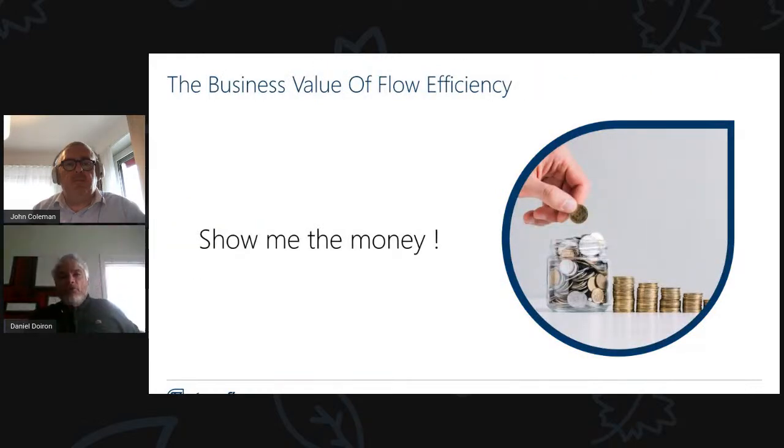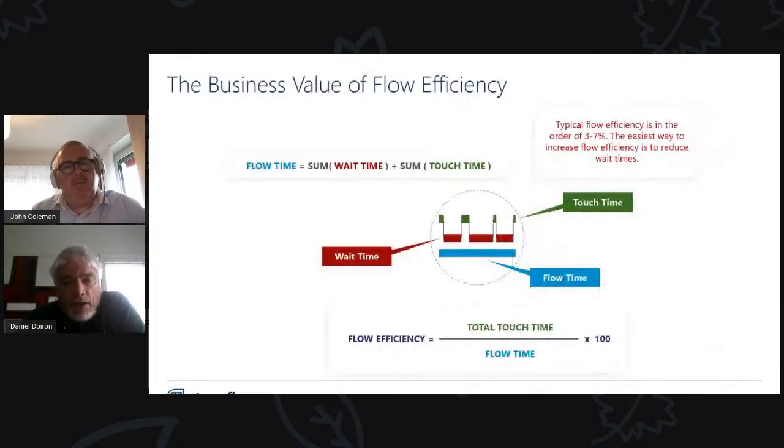Now it's time, after all this exercise, to show some money, the business value of flow efficiency. We have here what we consider flow time, which is divided into touch time and wait time.